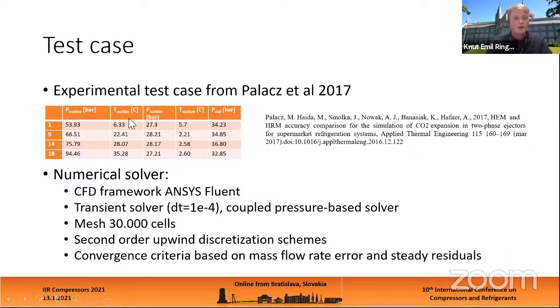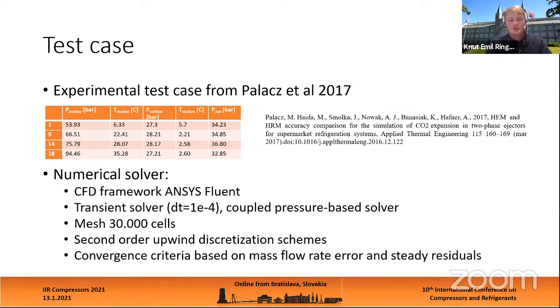The numerical solver is, of course, of interest. Here we use the CFD framework ANSYS Fluent for all the different models. We use a transient solver for most of them, using a small time step and a coupled pressure-based solver. In previous works, we did a mesh study and found that the best compromise between accuracy and computation time was around 30,000 cells.